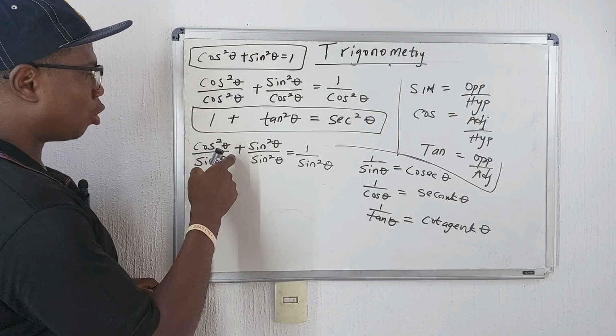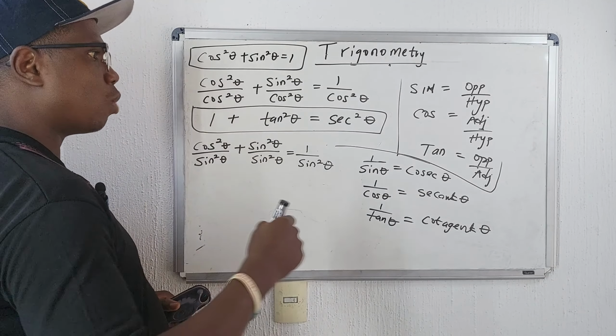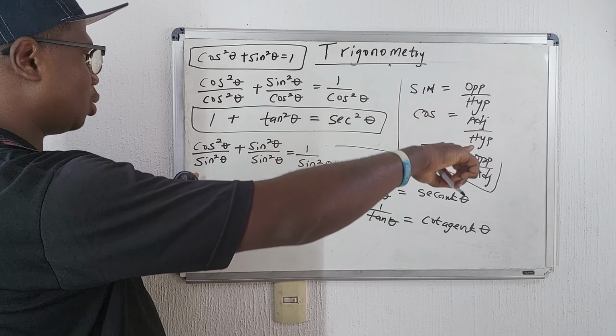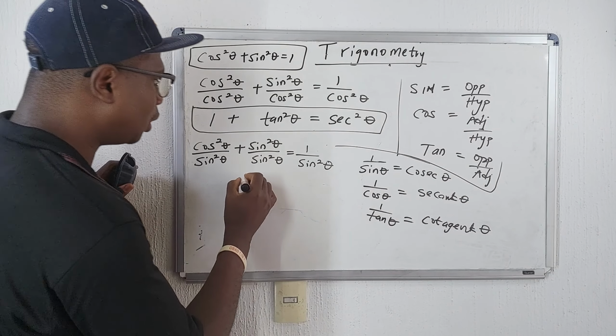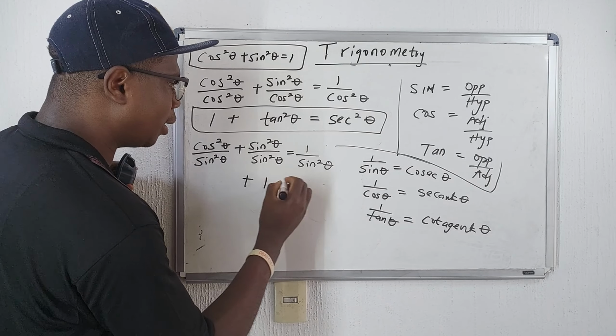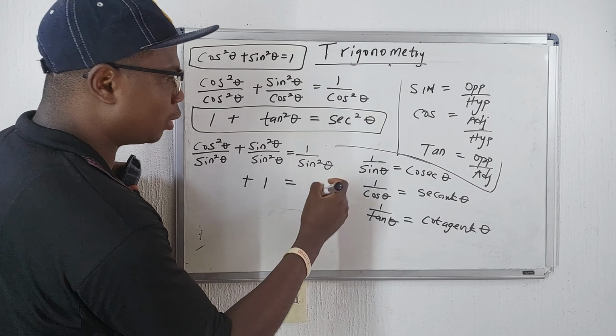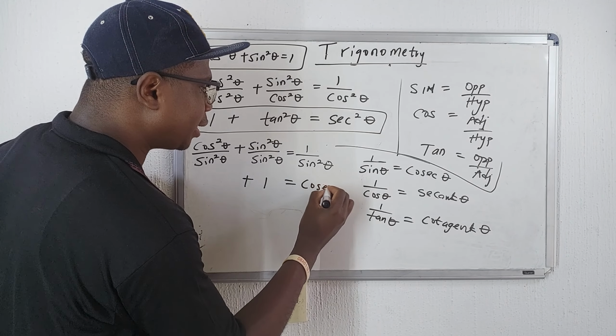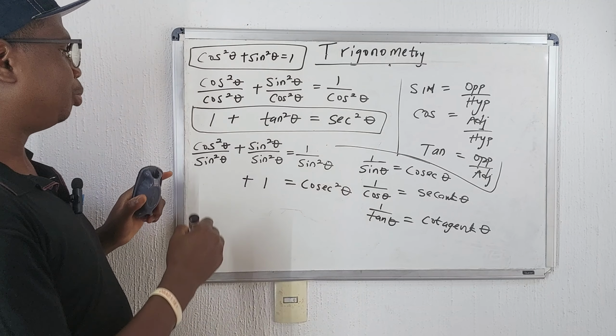Now, cos squared theta over sine squared theta, we're going to do the same thing to get it. Plus 1 equals 1 over sine squared theta, which is what? Cosec squared theta.